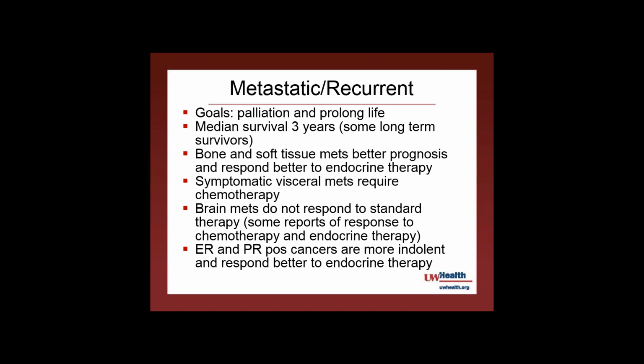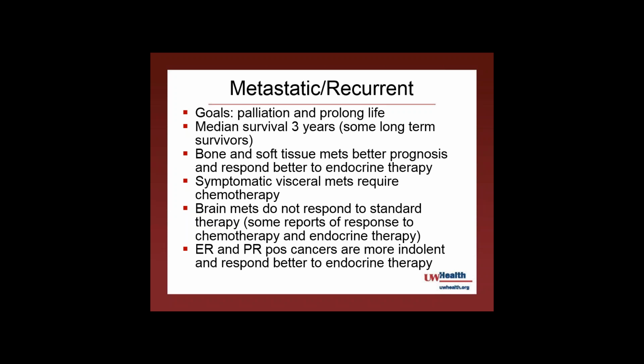Bone and soft tissue mets give you a better prognosis and respond better to endocrine therapy. Symptomatic visceral metastases: visceral metastases are metastases to an organ, and generally in breast cancer that is lung or liver. They require chemotherapy. You have to give chemotherapy.